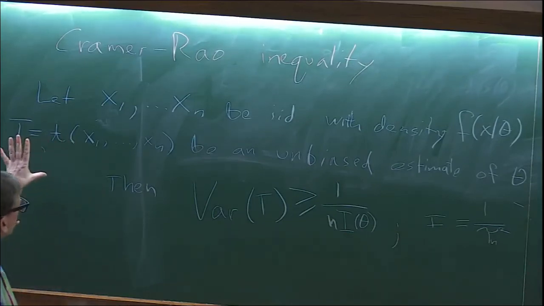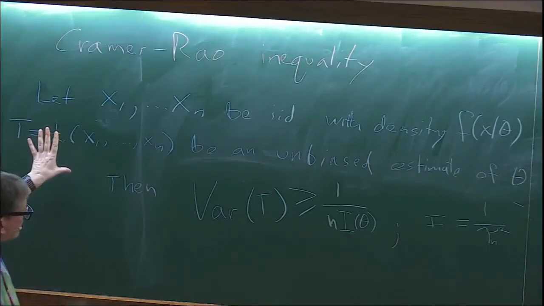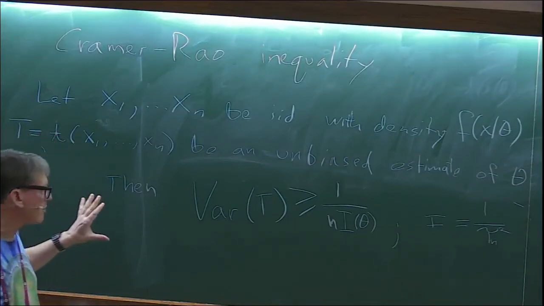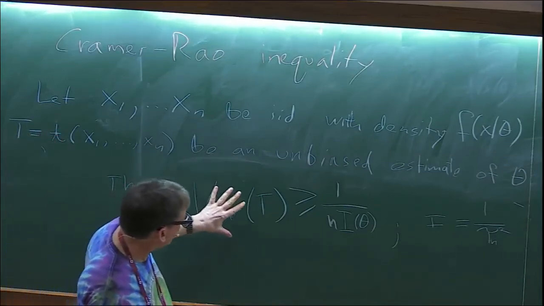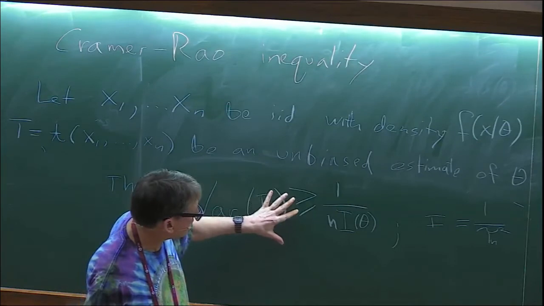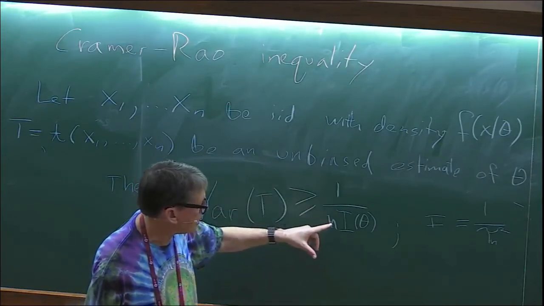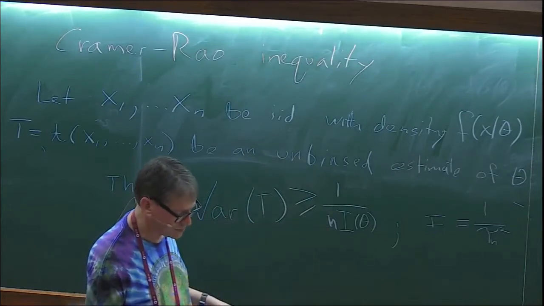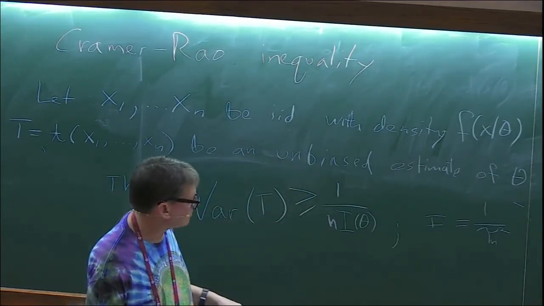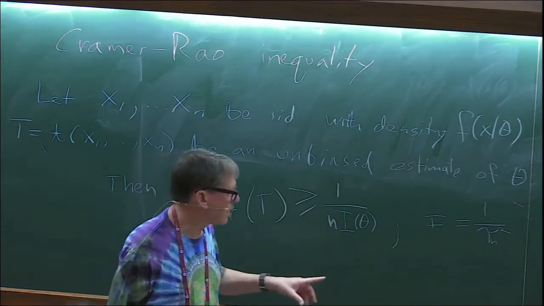Any unbiased estimator you have has the property that the variance is greater than or equal to 1 over n times I of theta.